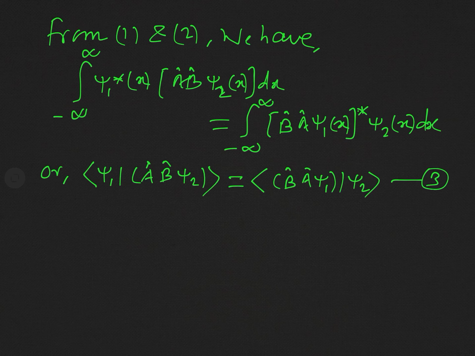But as it is given in the problem that the operators A and B commute with each other, so we know that A hat B hat is equal to B hat A hat. So what can we write now for equation 3?